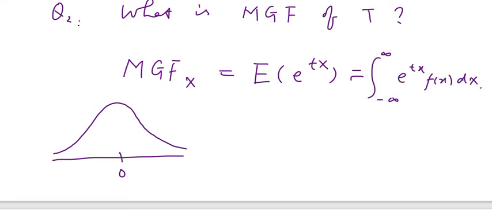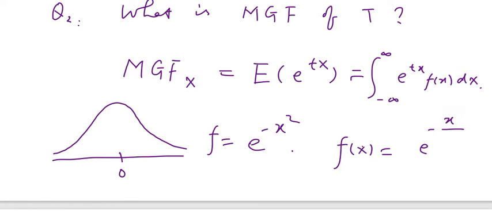A typical function is e to the negative x squared. We can use f(x) equal to e^(-x^2) over some coefficient, over some number. So those functions have a graph just like that.